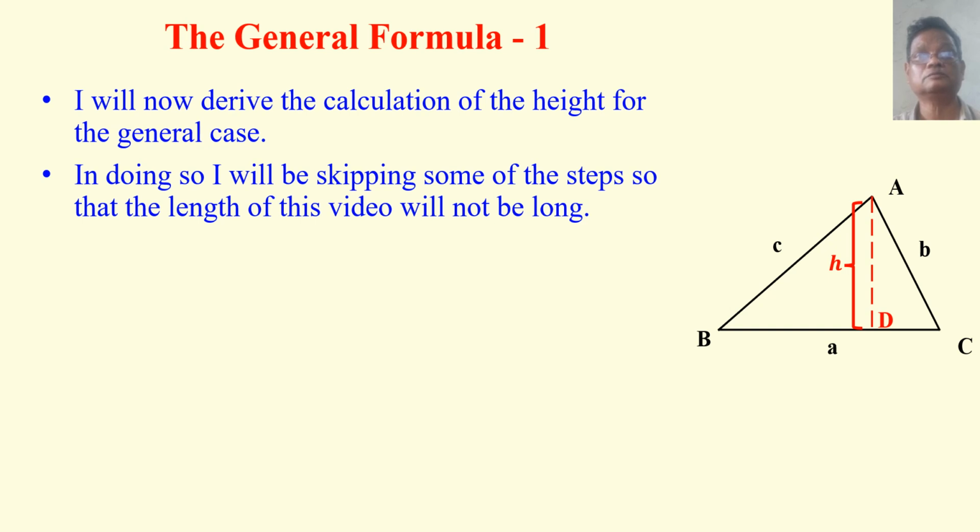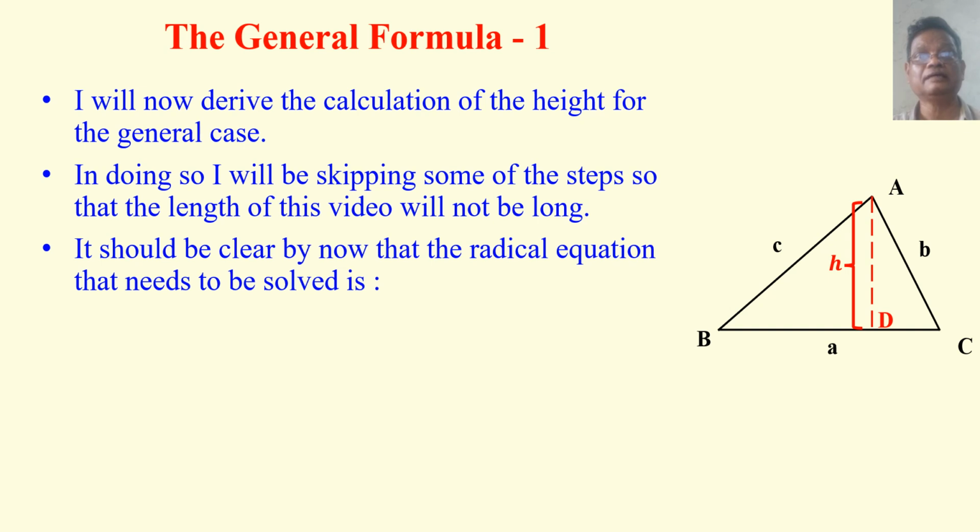It should be clear by now that the radical equation that needs to be solved is a equals square root of c squared minus h squared plus square root of b squared minus h squared.